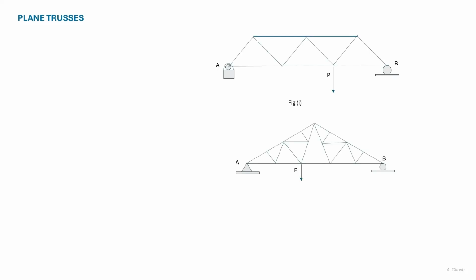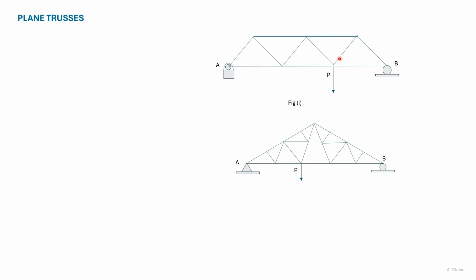Now we start discussing plane trusses. Plane trusses are a system of bars that lie in one plane and form a rigid structure. The forces in the plane trusses act along the axis of the members.